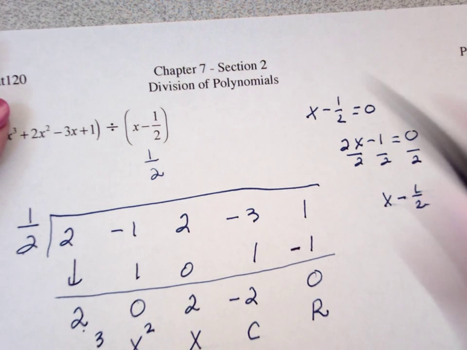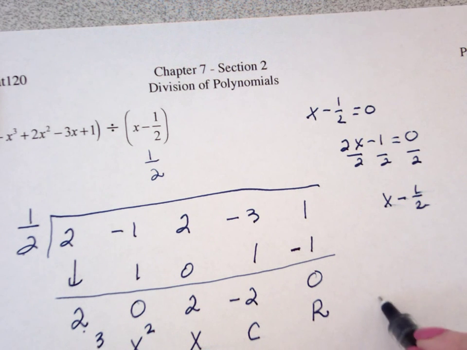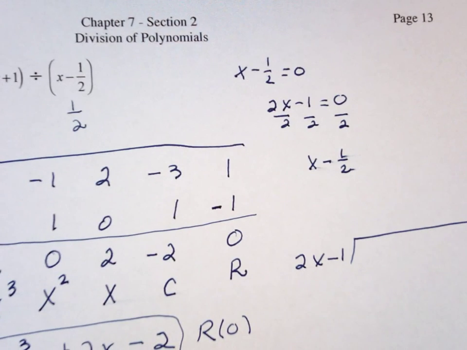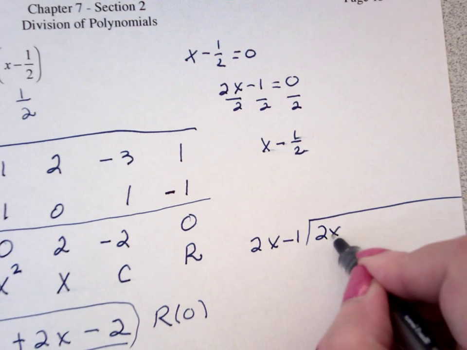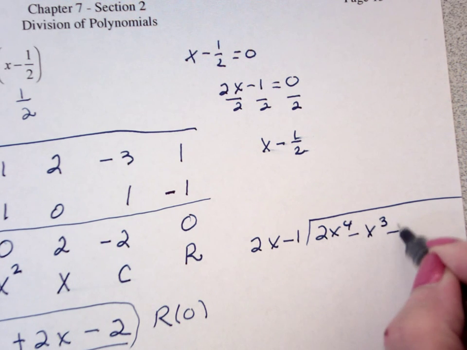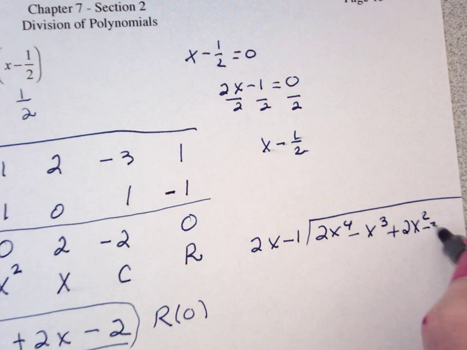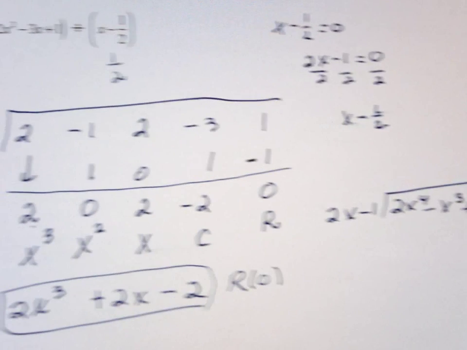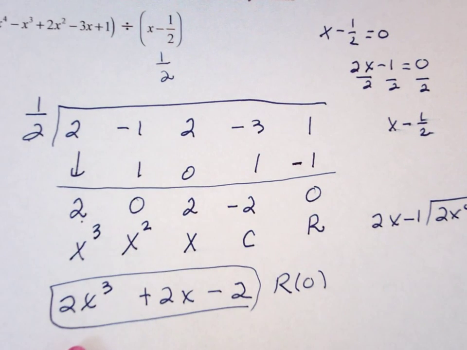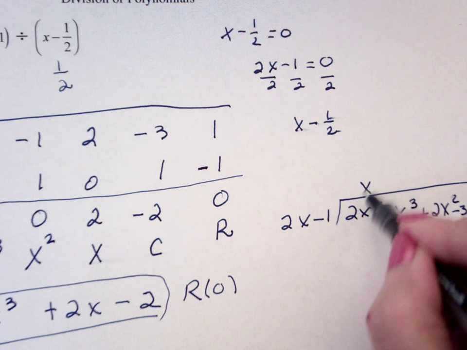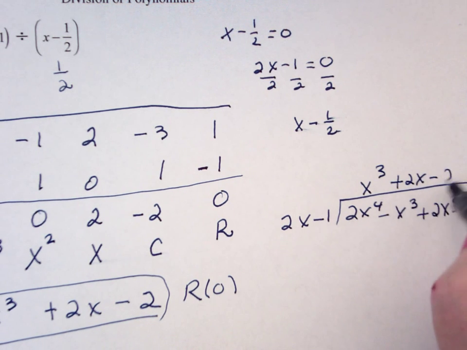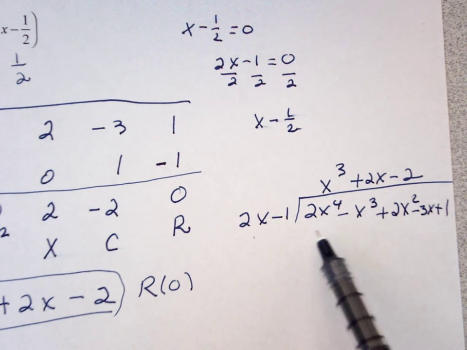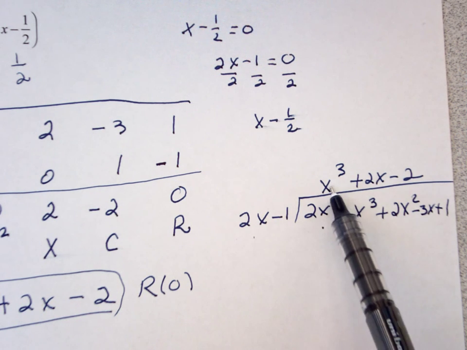So if my division instead was this, my answer would have been this guy divided by 2. Because you'd say to yourself, what do I multiply 2x by to get 2x to the 4th? You'd say x cubed.